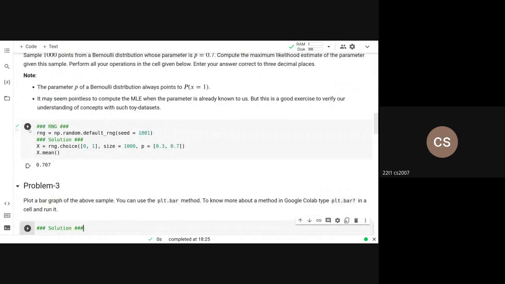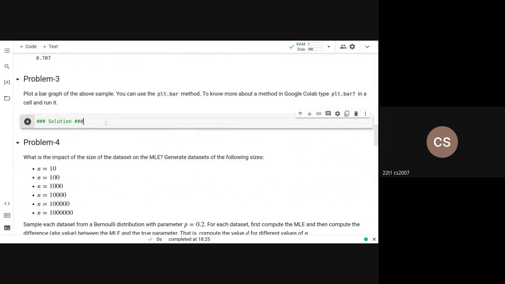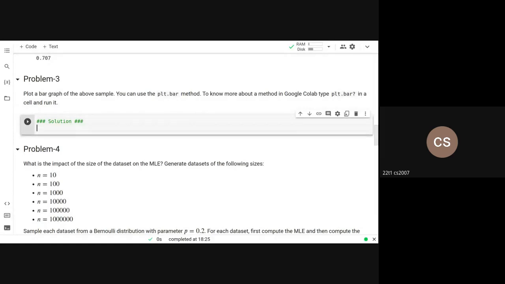Now, just to see what we have, we can visually understand this using a bar graph. If you're looking at Colab for the first time and you don't know some function, one way is to just type the function and wait for some time, and this kind of help will be generated.